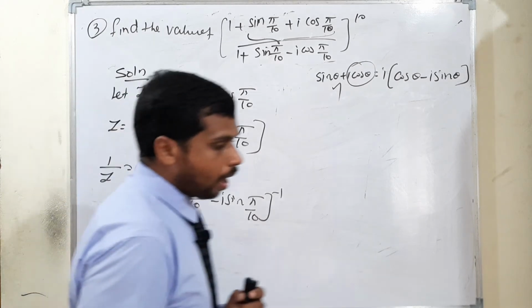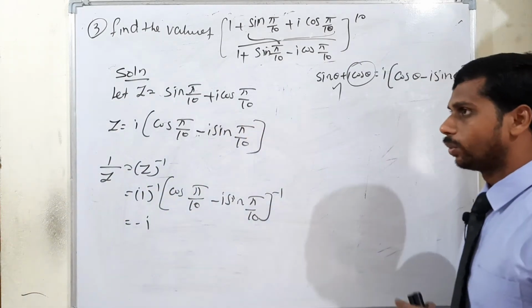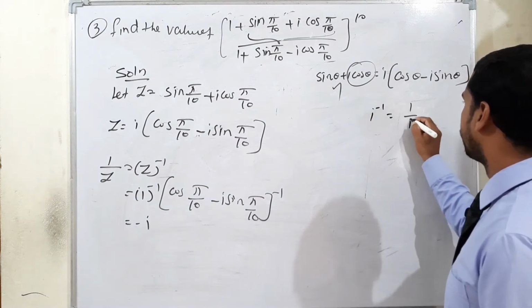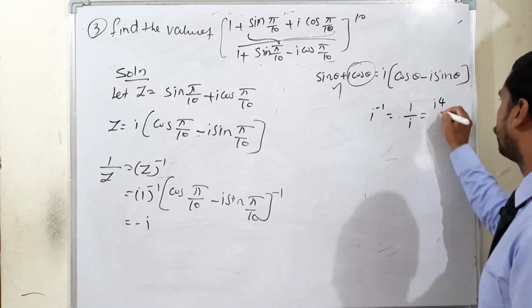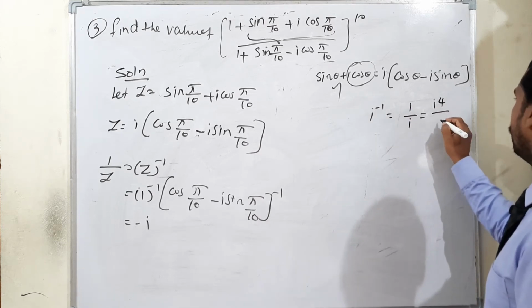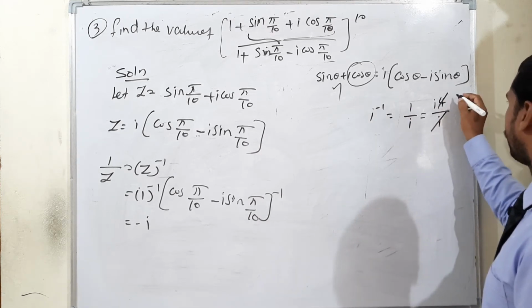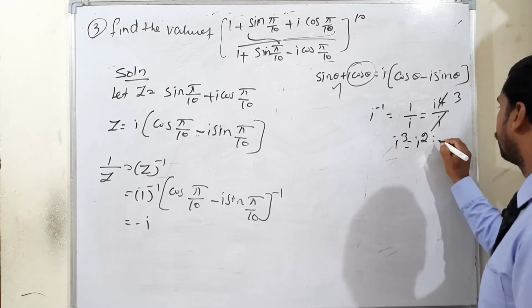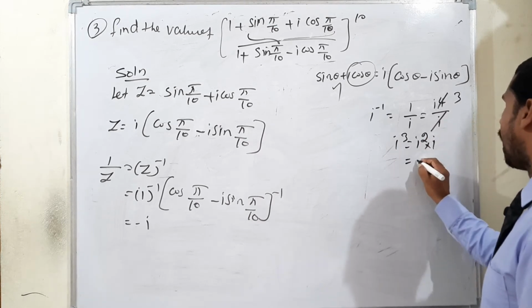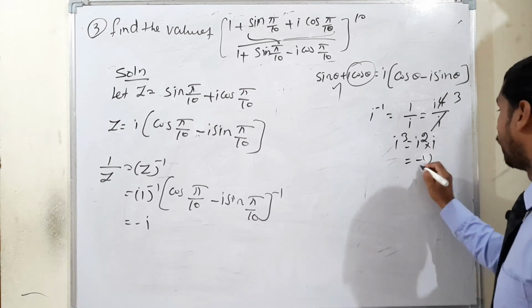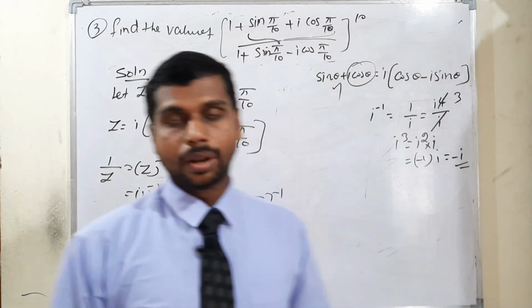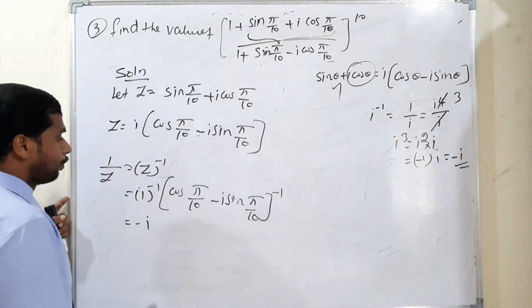I will show how we get i to the power of minus 1 equal to minus i. i to the power minus 1 means 1 by i. Multiply by i to the power 4, whose value is 1, divided by i. So i power 4 over i, 3 will come. So i cube means i square into i, and i square value is minus 1, so minus 1 into i is equal to minus i. That is why I wrote i to the power of minus 1 is equal to minus i.